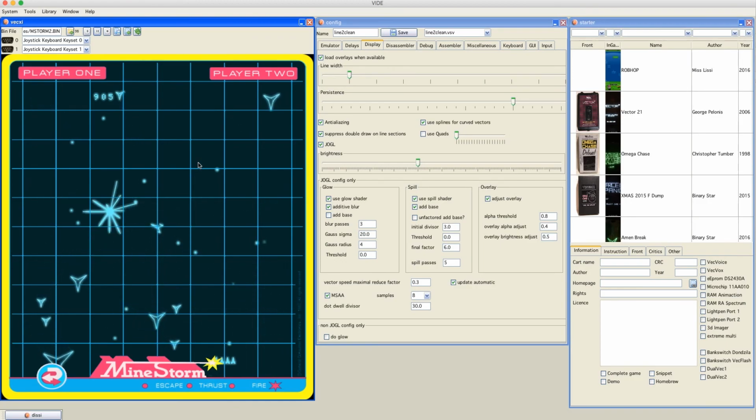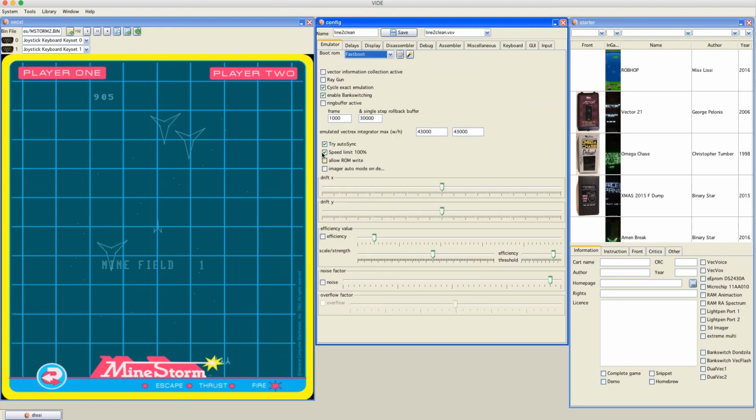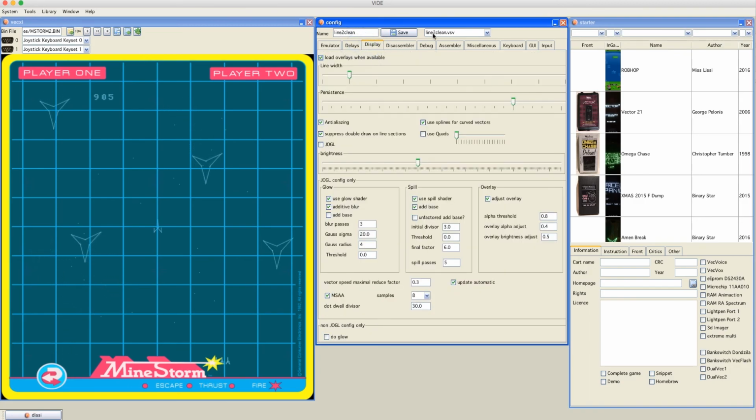Last but not least, I might show you why I did all this, because the original non-joggle data could probably also have been adjusted. But let's look at the speed. For now, the speed limit of 100% is switched on. The brightness is not all that bright, so I adjust it under Do glow.